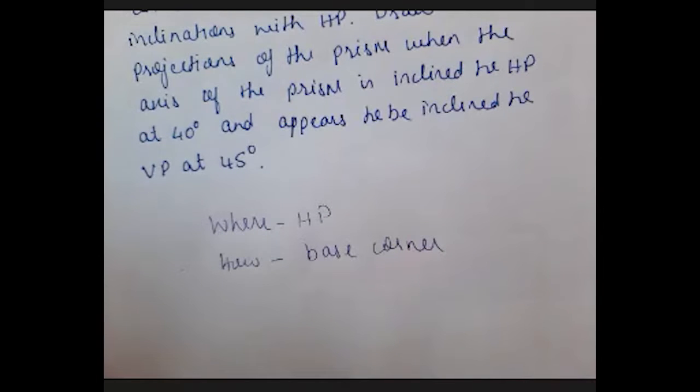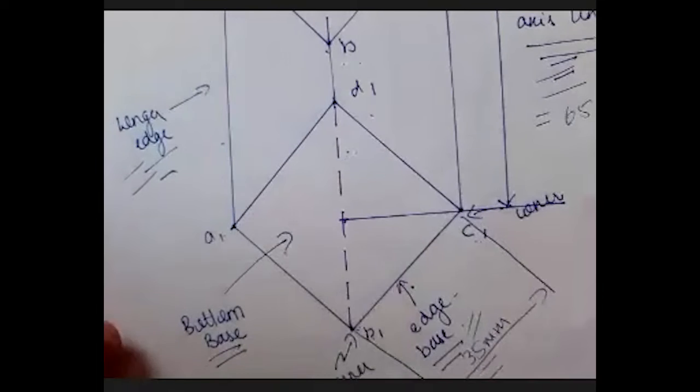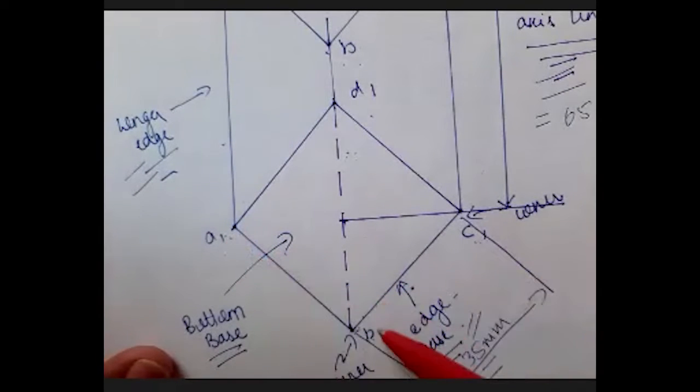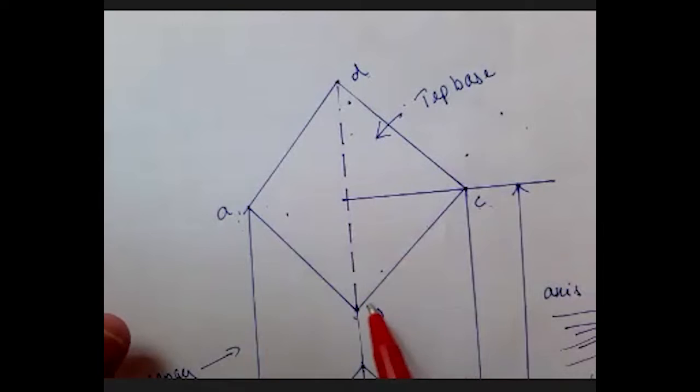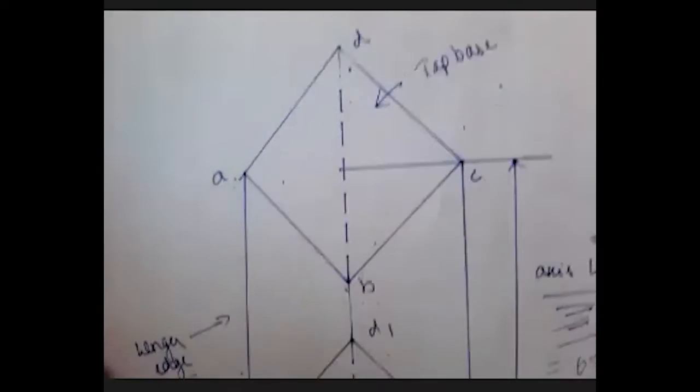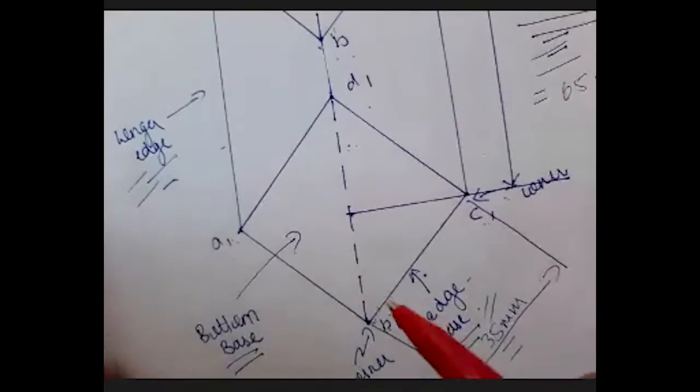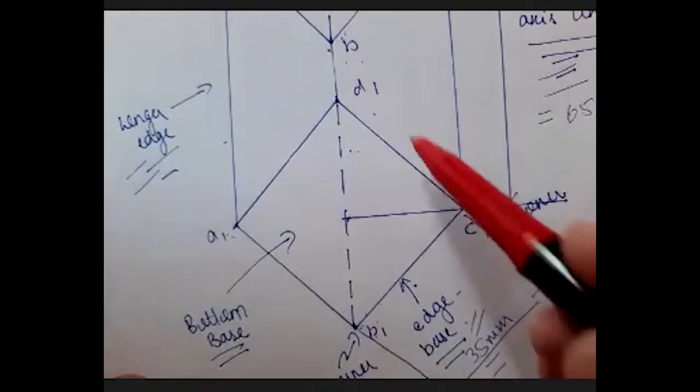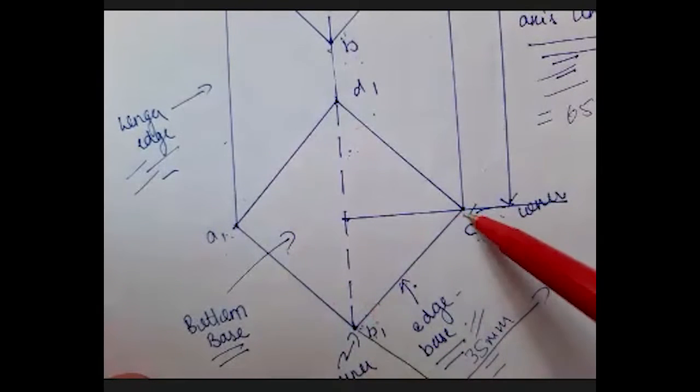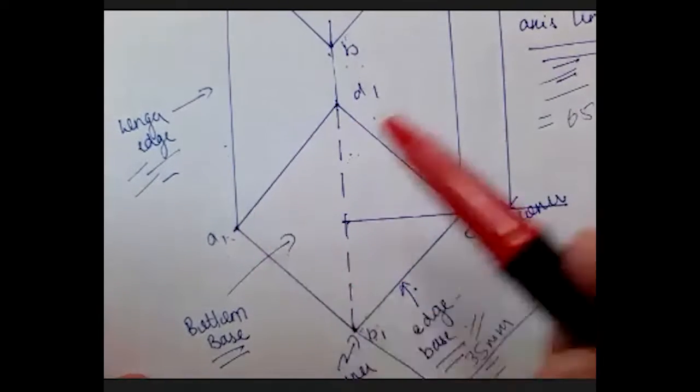So this is my 3D part. I have a bottom base which is A1, B1, C1 and D1. This is my top base A, B, C and D. I have base edges which run from the corner A1 to B1, B1 to C1, C1 to D1, D1 to A1.